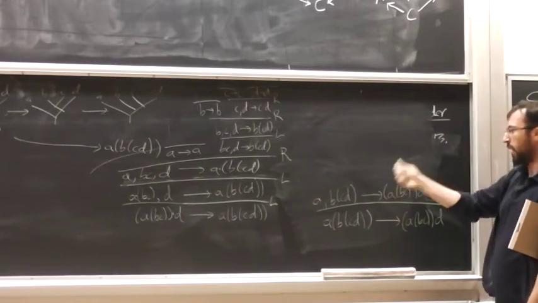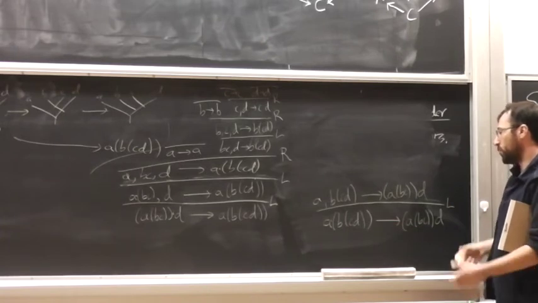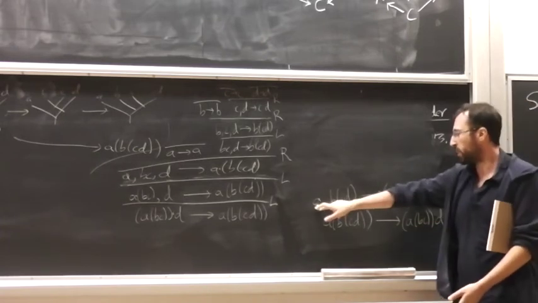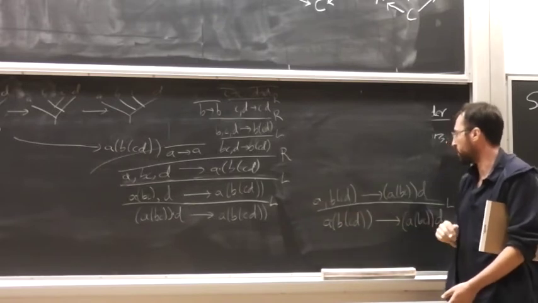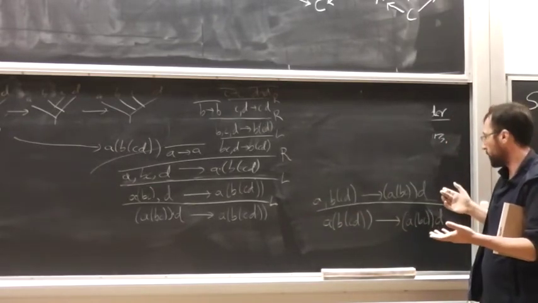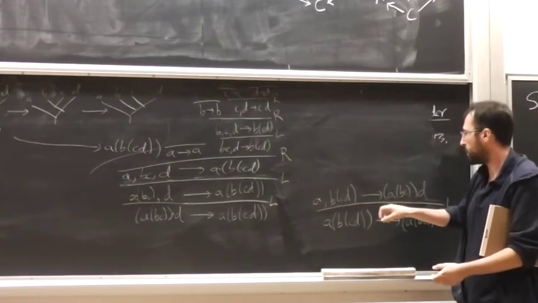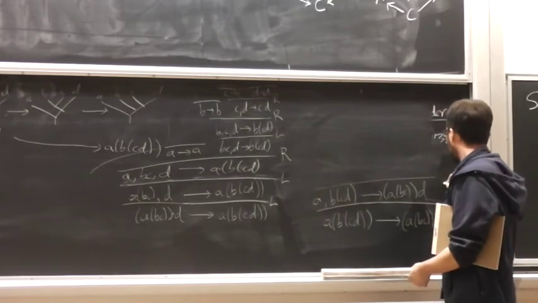We'd like to apply the left rule, but the problem is we can't, because this is not a product. Nor can we apply the right rule, right? To apply the right rule, we would have to split the left-hand side. So maybe, let's say we apply the right rule.